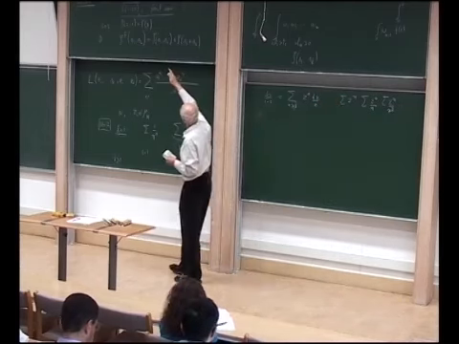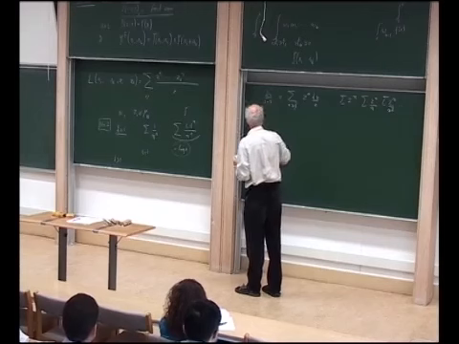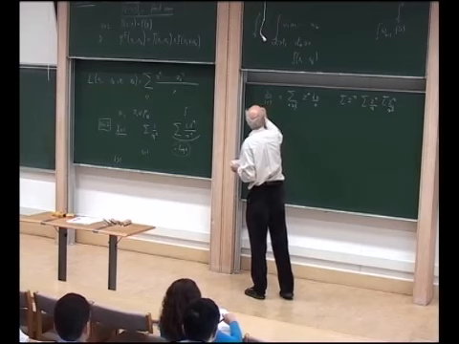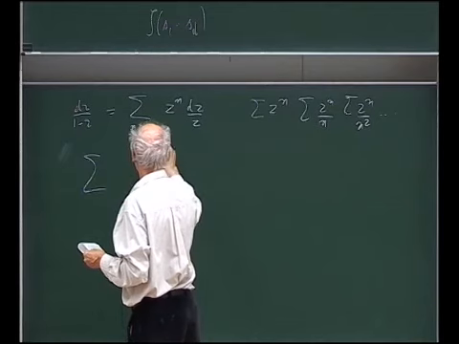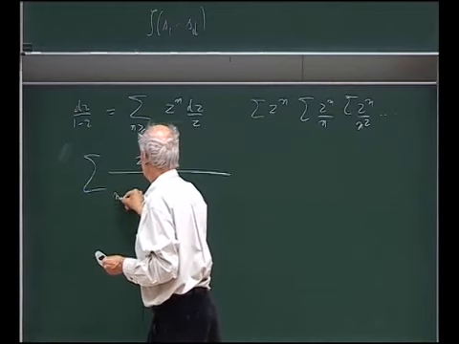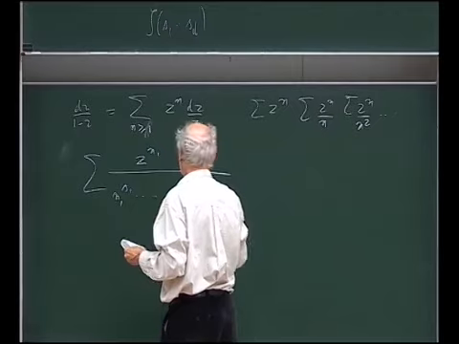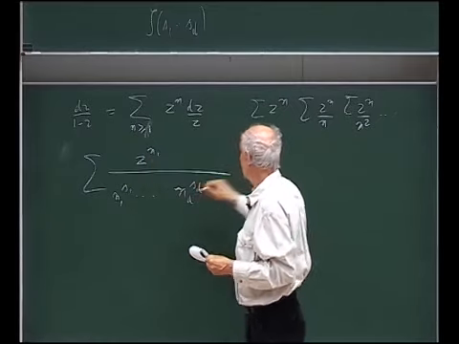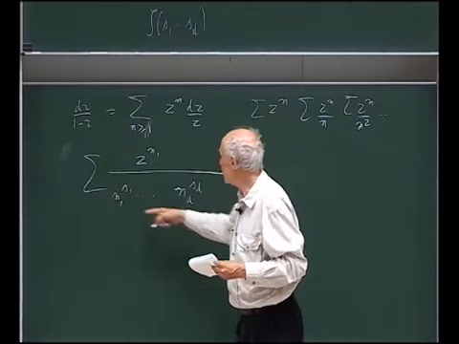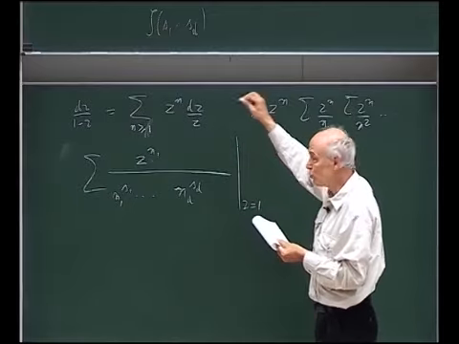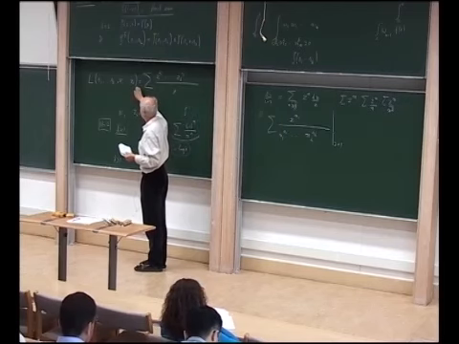Each time you multiply by dz over z and integrate, and then when you multiply by dz over 1 minus z and integrate, you will start seeing appearing sums for n1 bigger than n2, and so on. So if you do this up to the end, what you obtain is summation z^n1 over n1^s1 through nd^sd, which you have to evaluate at z equals 1.